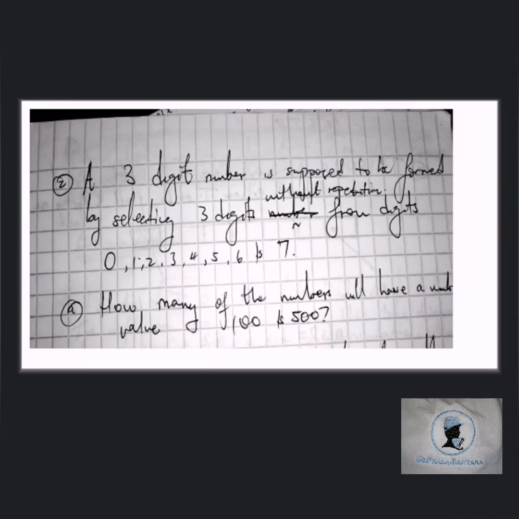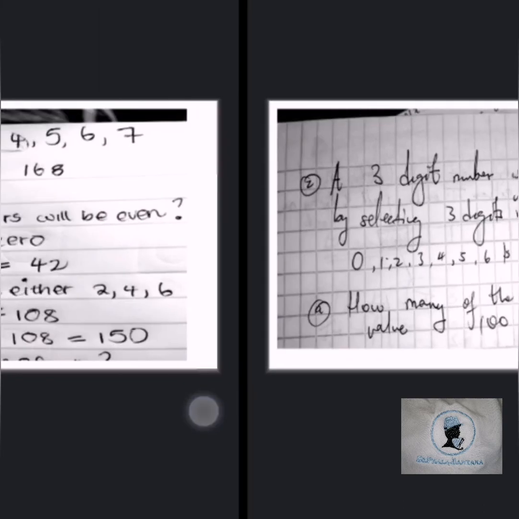So it says a 3-digit number is supposed to be formed by selecting 3 digits without repetition from the digits 0, 1, 2, 3, 4, 5, 6. A says, how many of the numbers will have a number value between 100 and 500?